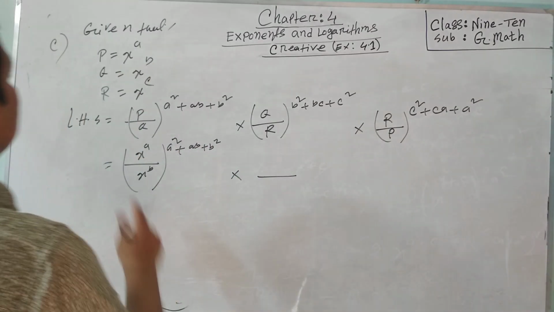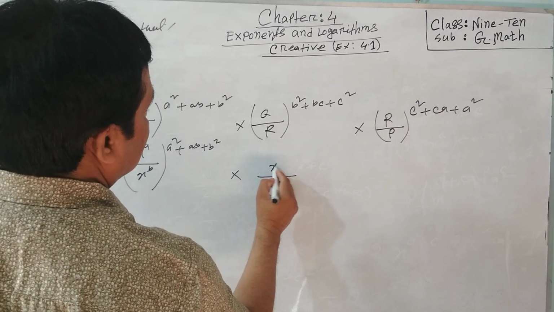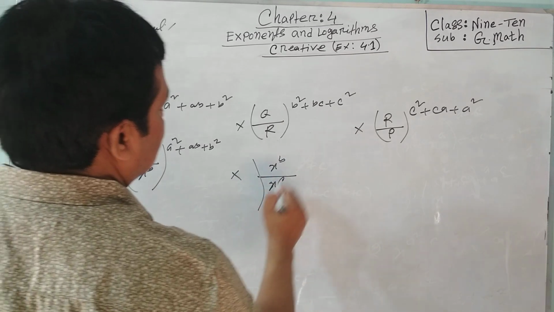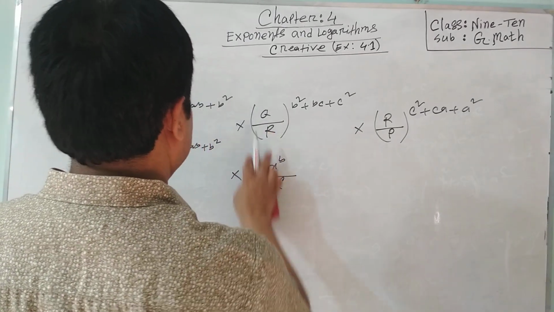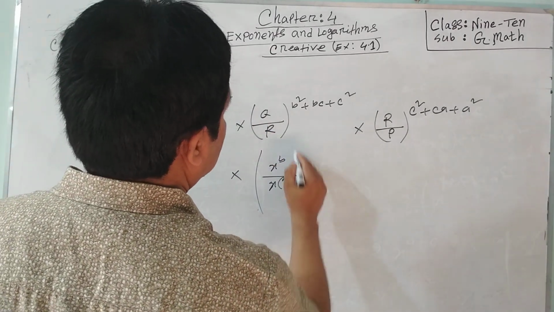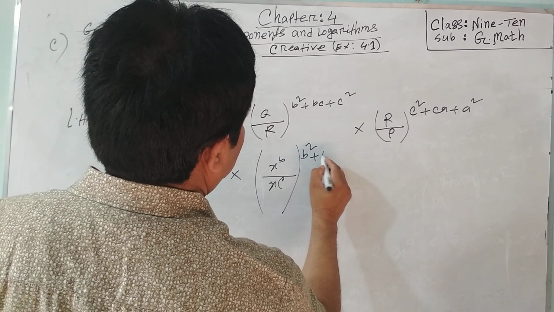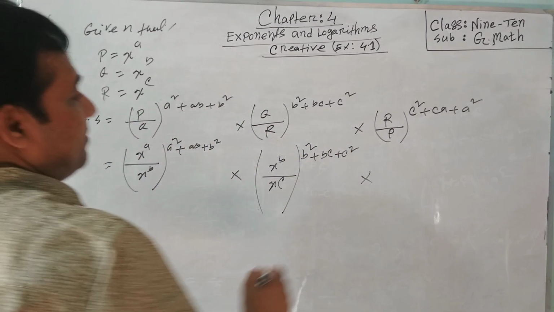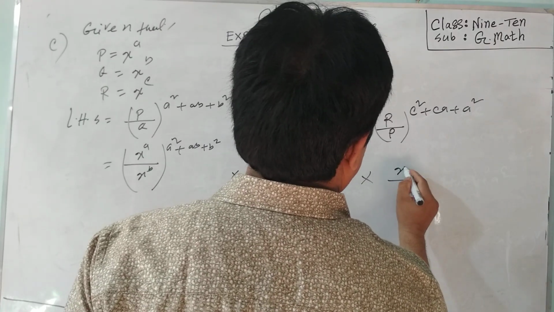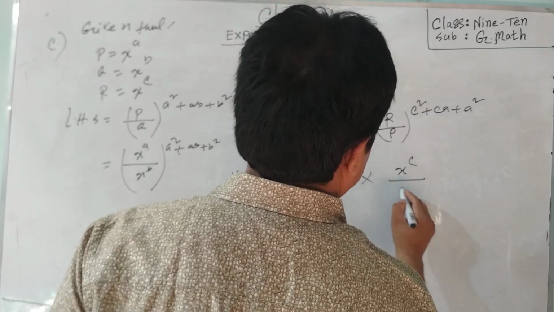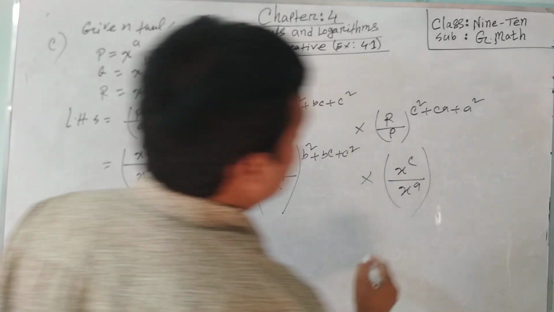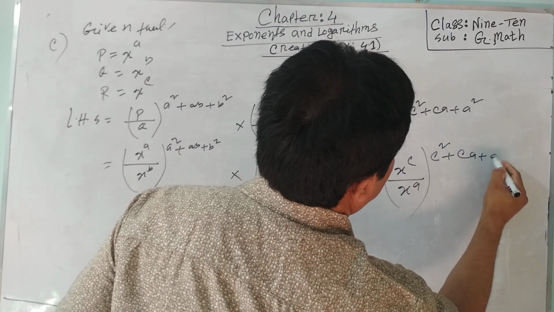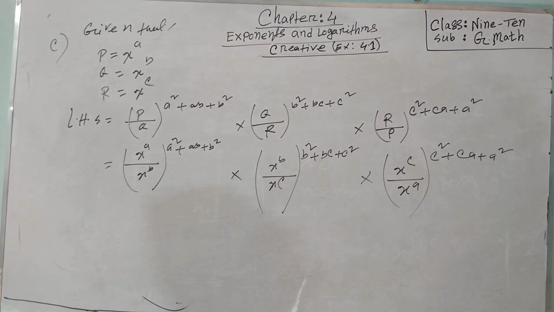Similarly, the value of q equals x to the power b, the value of r equals x to the power c, to the power b square plus bc plus c square. Similarly, the value of r equals x to the power c, the value of p equals x to the power a, to the power c square plus ca plus a square.